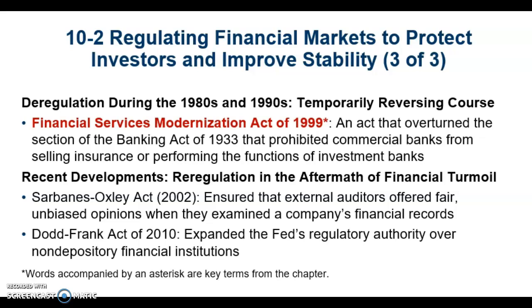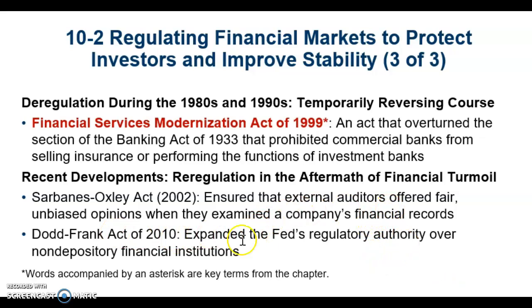We also have the Dodd-Frank Act of 2010. So we had a little bit of deregulation, and then we had to jump back and say, no, we need to still regulate some things. We need to regulate the external auditors to make sure that they are being fair.